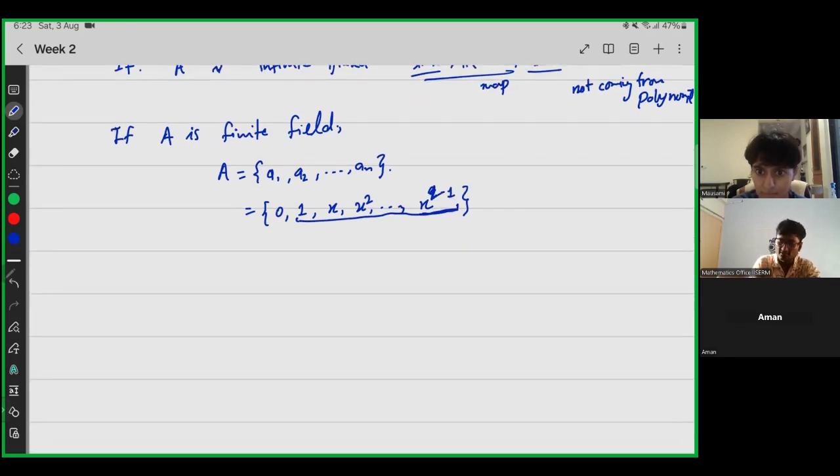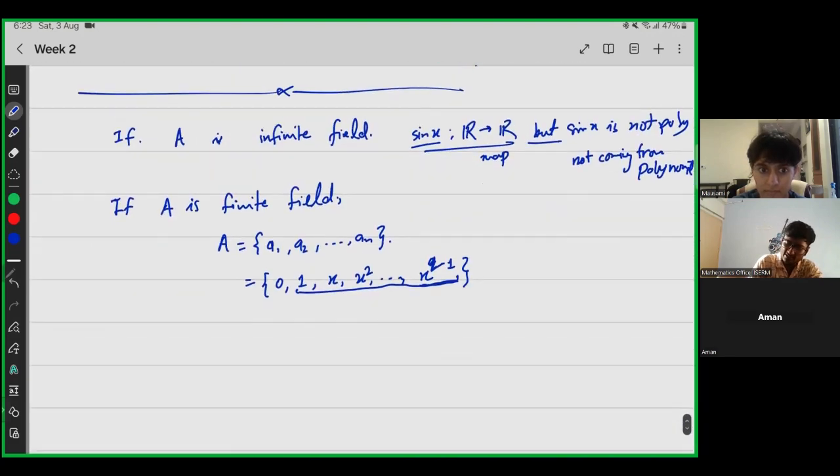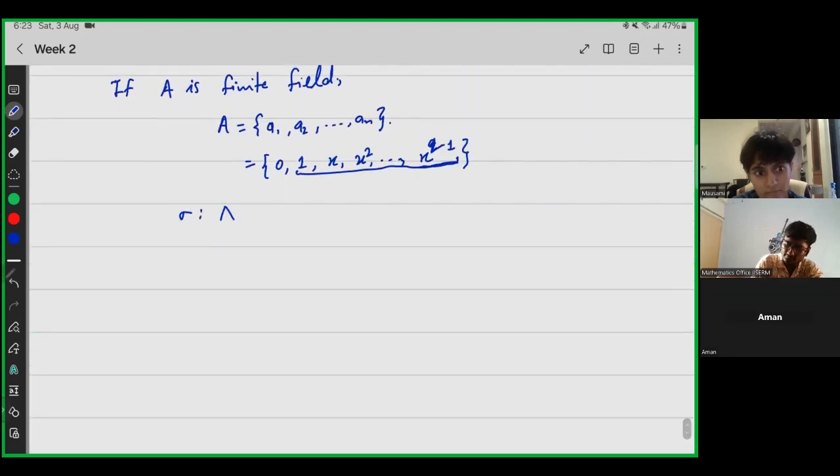Now we will apply something. Let's say sigma is a function from A to A, and sigma of a_i is b_i. Now the a_i are distinct. a_i means just x to the power i plus 1.